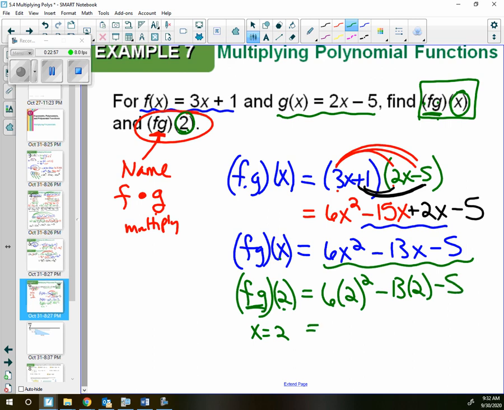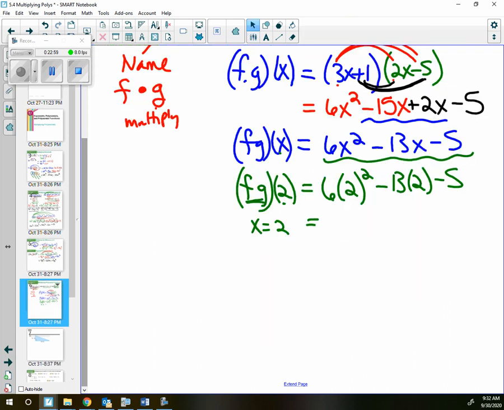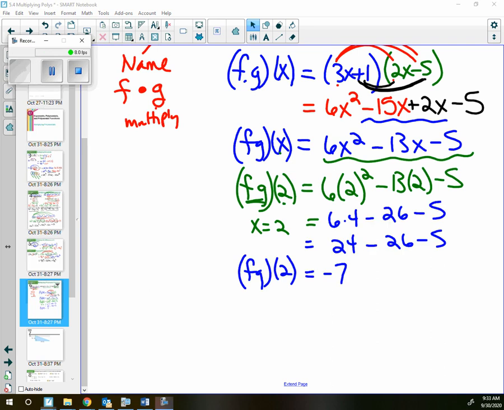So go ahead, take a moment, type it into your calculator, do your arithmetic here and see what you get. All right, so 2 squared is 4, times 6 would be 24, 13 times 2 is 26, subtract across, negative 2 minus 5 more, looks like we're at negative 7. So f times g of 2 at that particular number is negative 7. I could put any x value into that rule now that I wanted to.